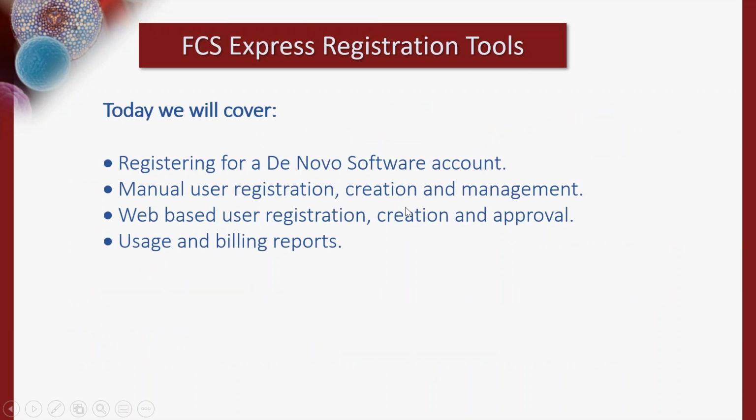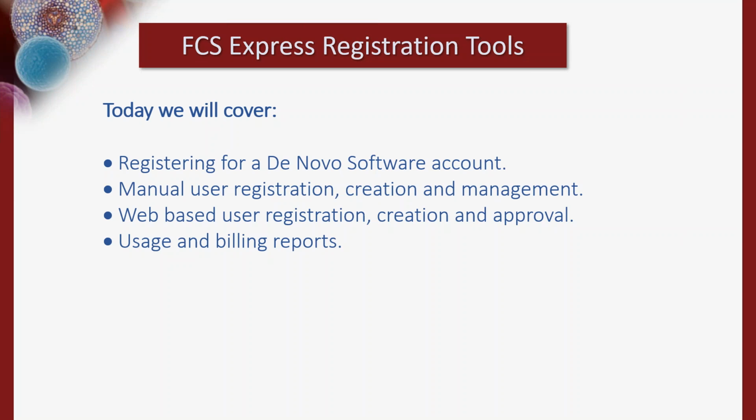Additionally, if you're going to be adding users to FCS Express, of course, they are going to have to register for their free Denovo software account on the Denovo software website at denovosoftware.com. Once they've done so, you can manually add them to the user list.